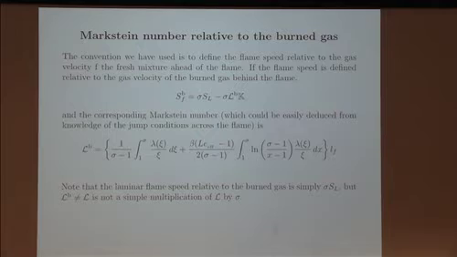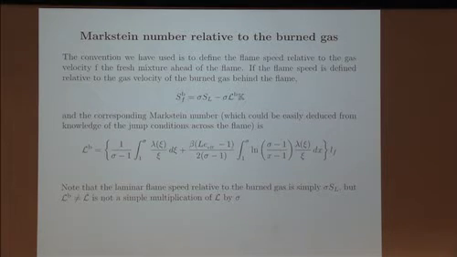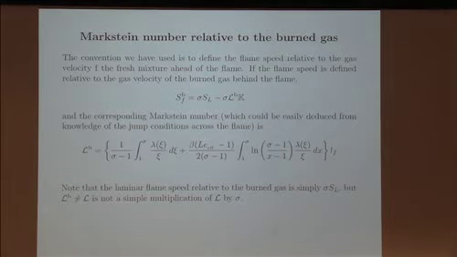People have often liked to write an expression for the flame speed relative to the burned gas. Now, in all the discussion so far, as I have pointed out earlier, I have defined the flame speed relative to the unburned gas. Why is there a difference?